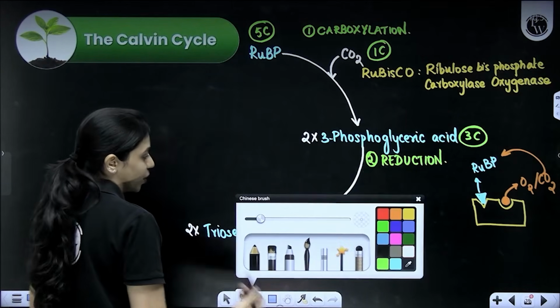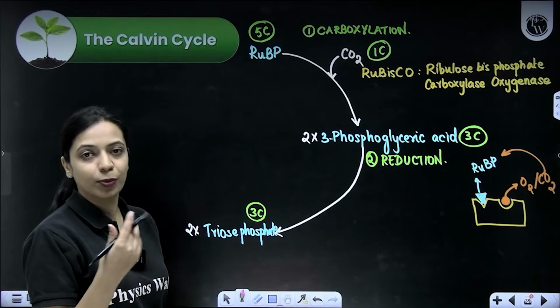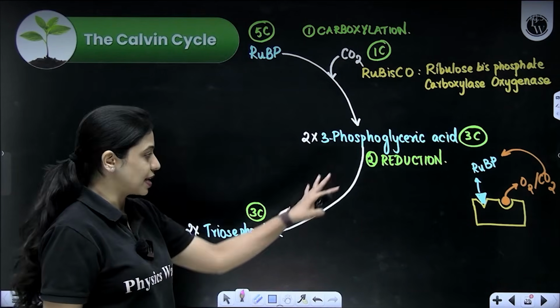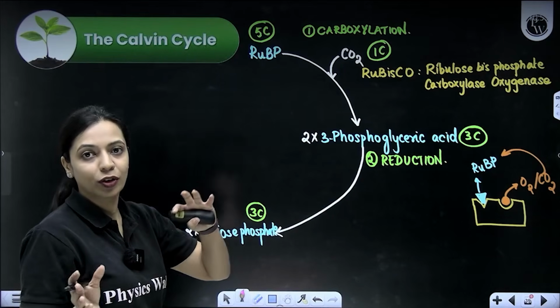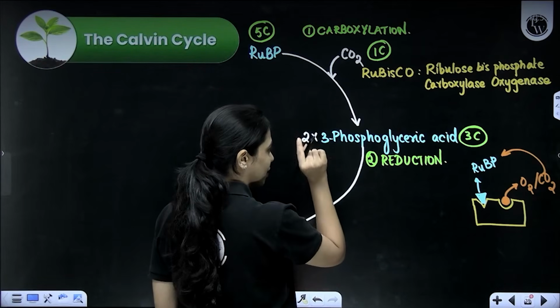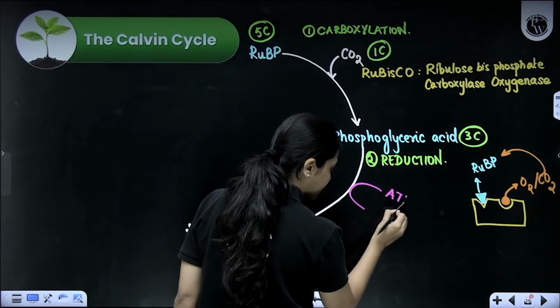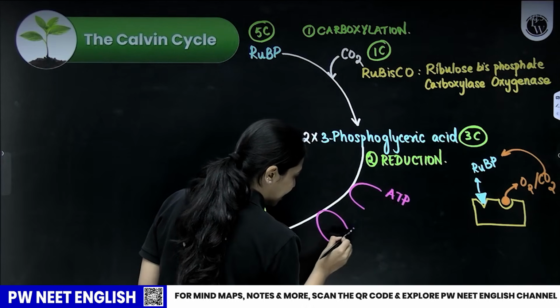Remember, I told you that during Calvin cycle, during photosynthesis, dark reaction, the products of light reaction will be utilized. It is at this step that the product of light reaction will get utilized. So, in this step, per molecule, you require 1 ATP and 1 NADPH.